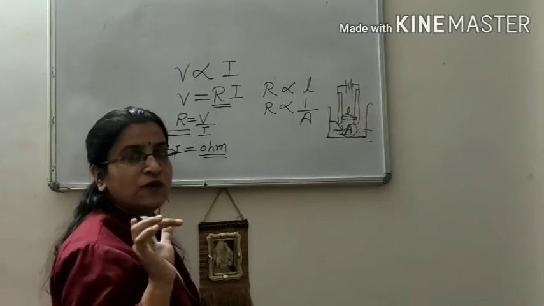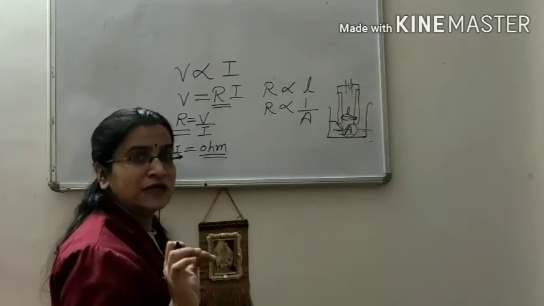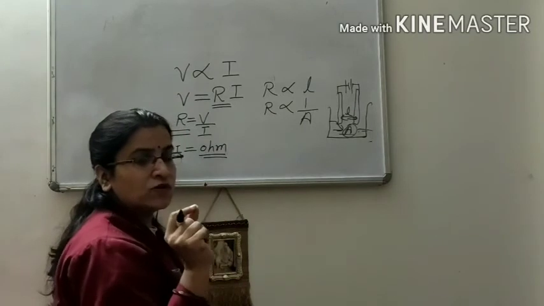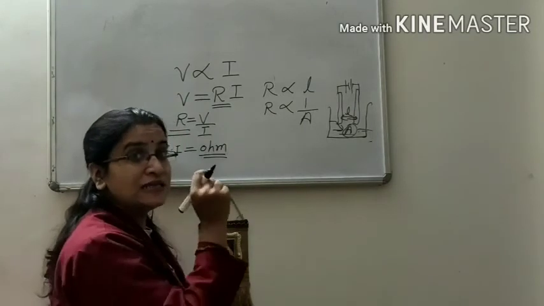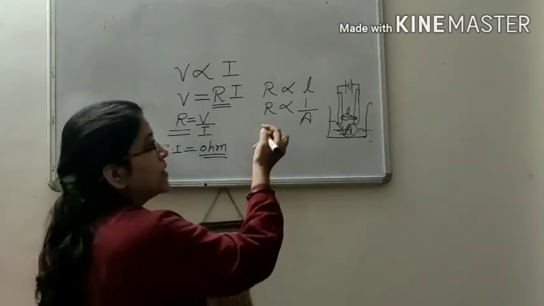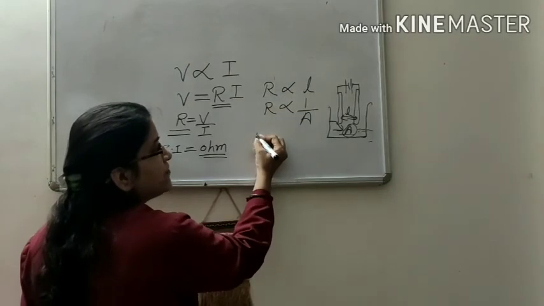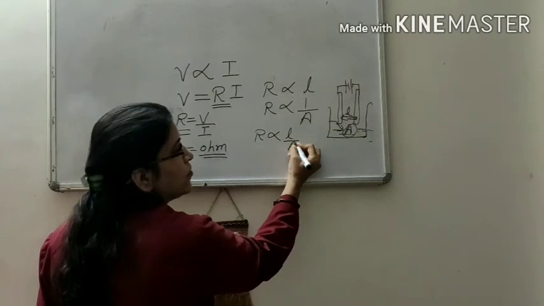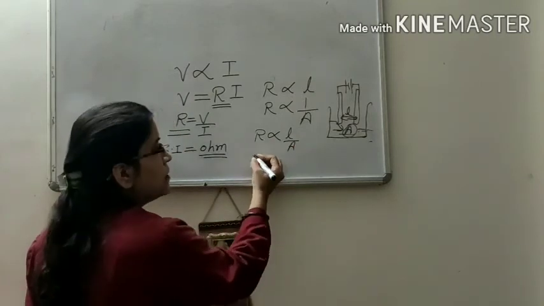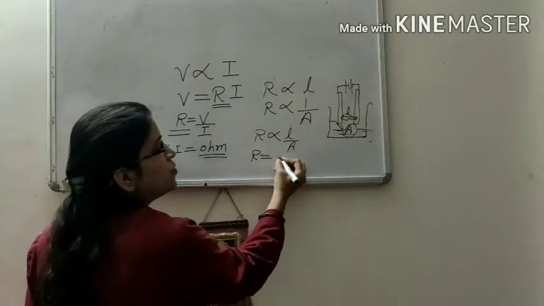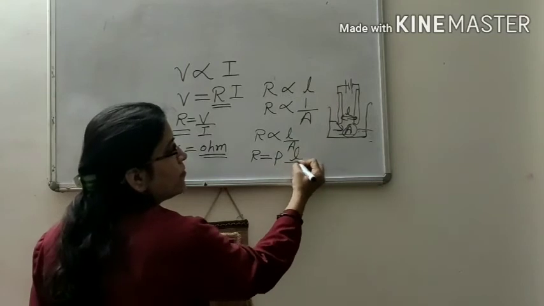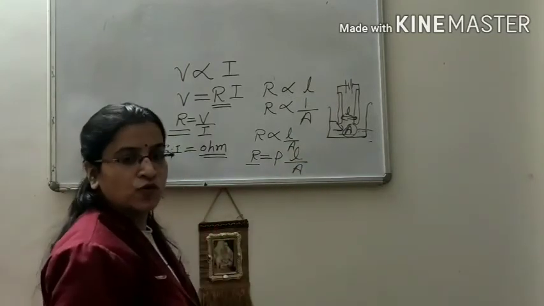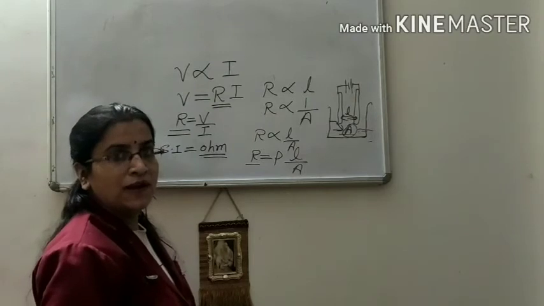Greater the distance between two electrodes, more is the resistance. Thicker the area of cross section of the electrode, less is the resistance. So by these two relations we get R is directly proportional to L upon A, or R is equal to rho L upon A.